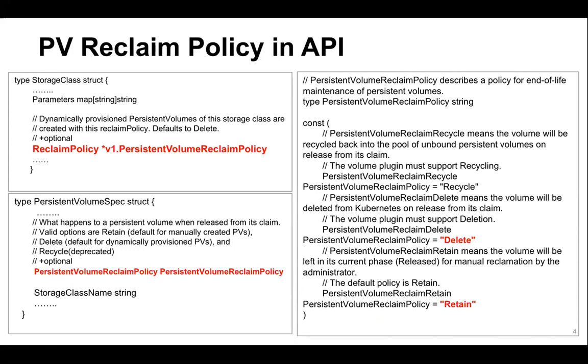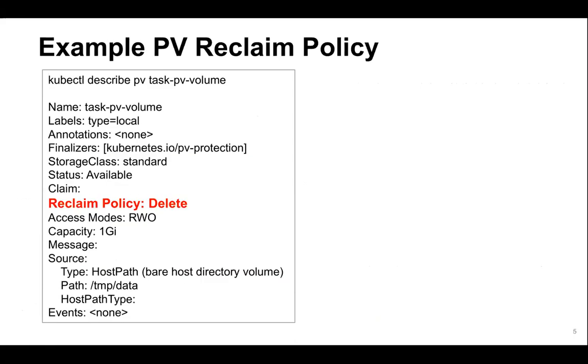If it's delete, then this persistent volume will be deleted. If it's retain, it will be left alone, and the admin will handle that at a later time. This shows the details of a PV, where the reclaim policy is set as delete.